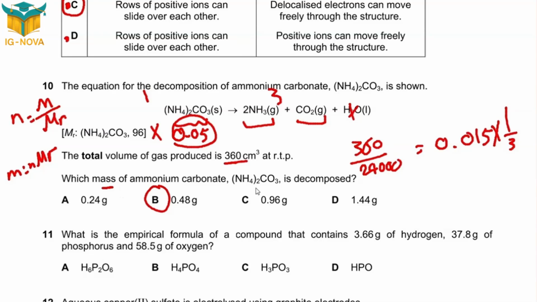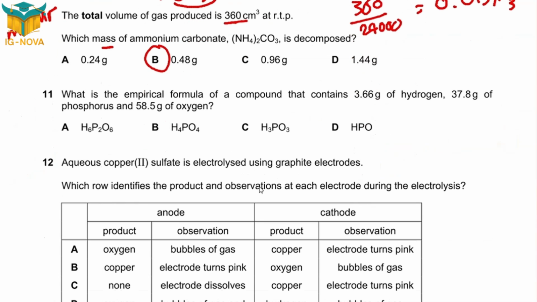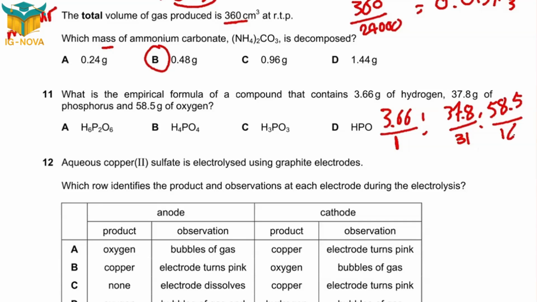What is the empirical formula of a compound containing 3.66, 37.8 and 58.5? This is mass over Mr. So 3.66 divided by 1, hydrogen is 1. 37.8, phosphorus is 31. 58.5 divided by 16.